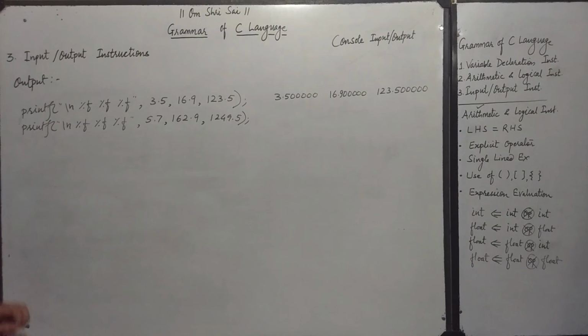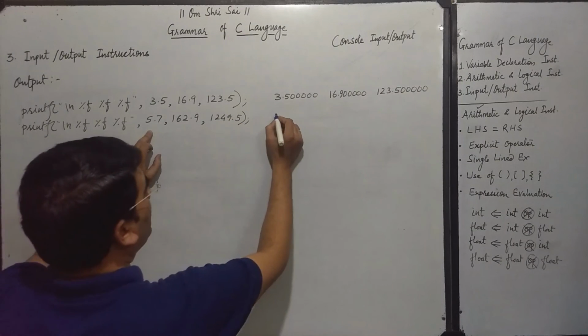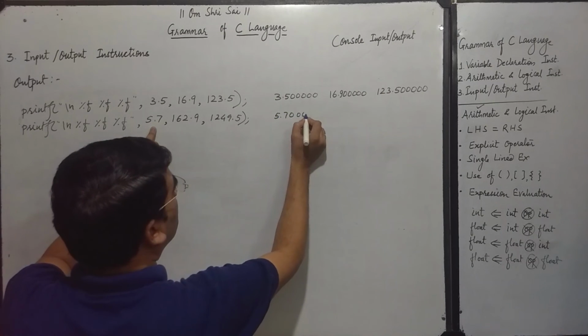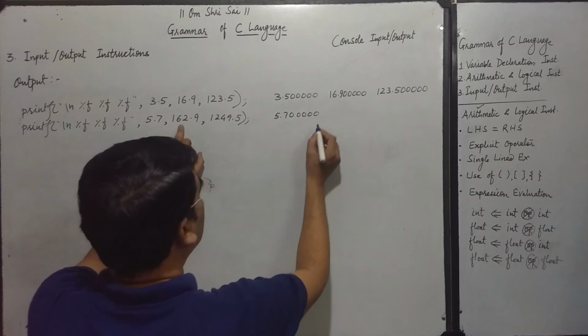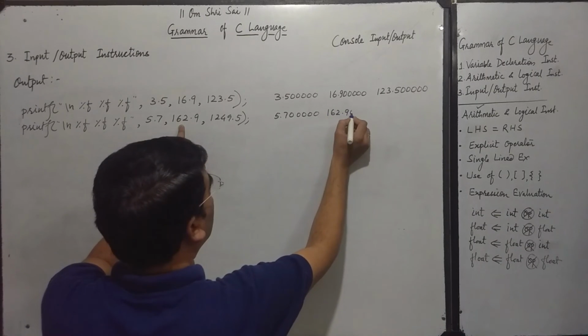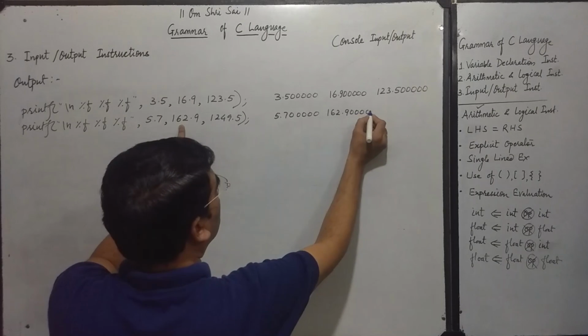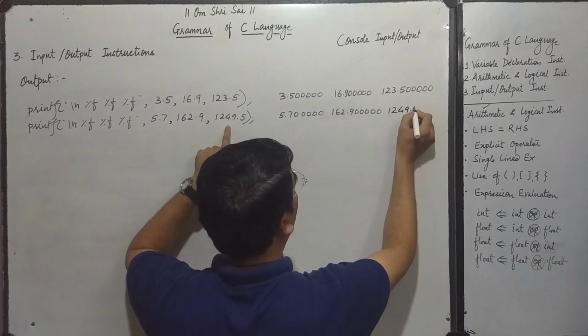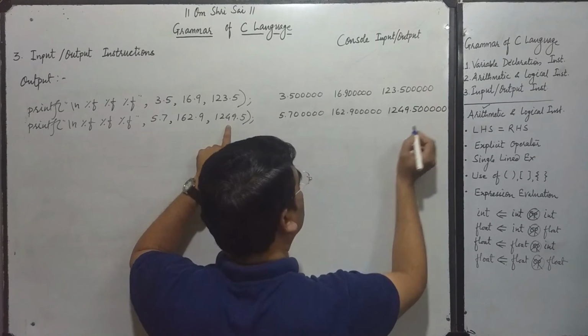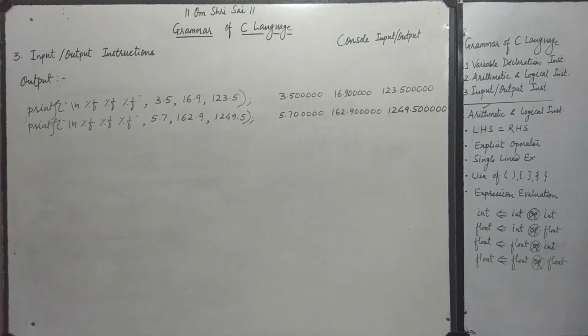Then what will be the output? Again, this is, let's say 5.7, like that. Then after one space 162.9, then 1249.5. So this will be the output.